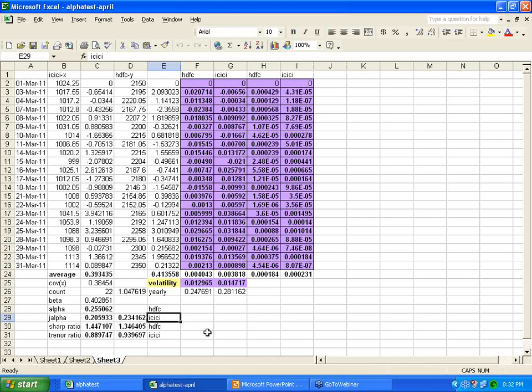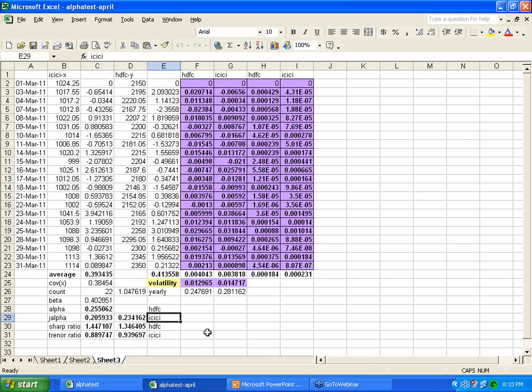Treynor ratio is suggesting that ICICI is the choice. We are forced to take alpha here, because out of these three ratios, one ratio, the Sharpe ratio, is giving an opposite view. So we have taken the help of alpha.